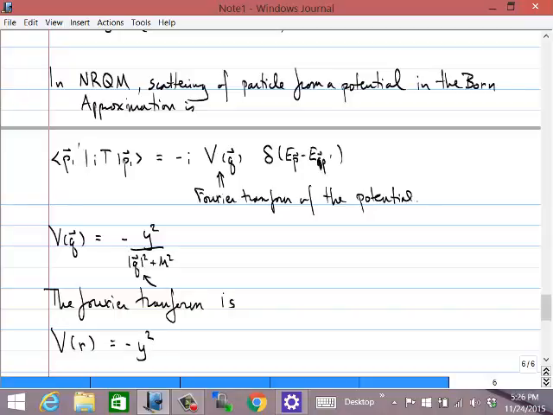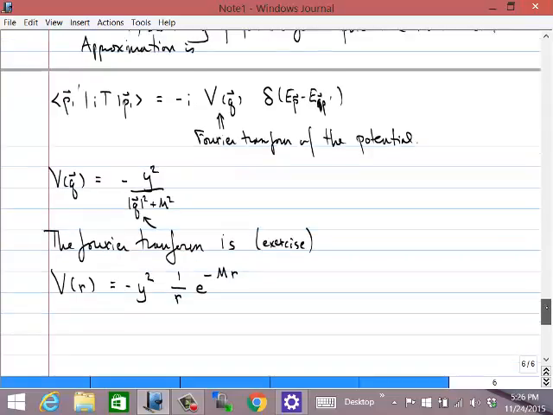And then there's some function of radius that appears. And the function that you get when you do the Fourier transform is 1 over r times e to the minus mr. So this is a potential.